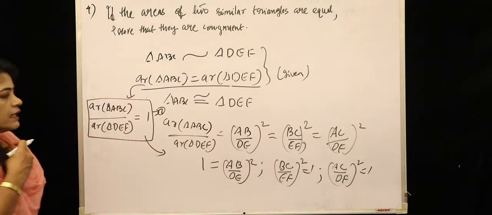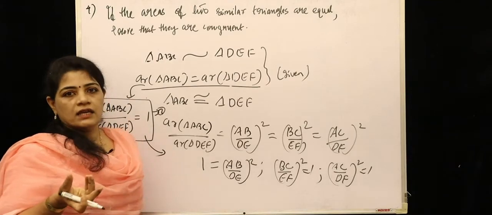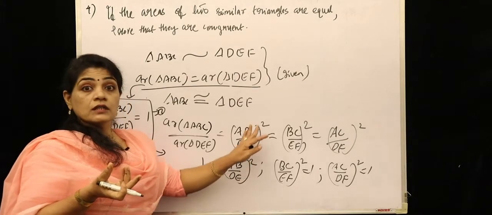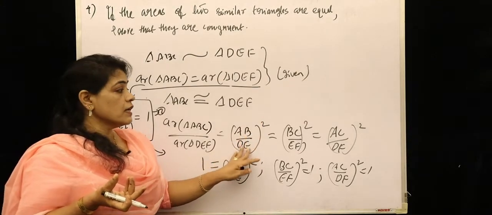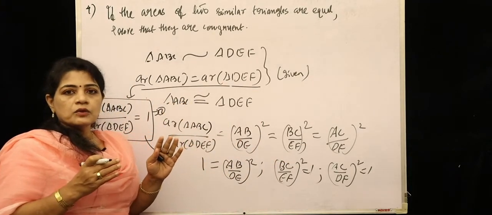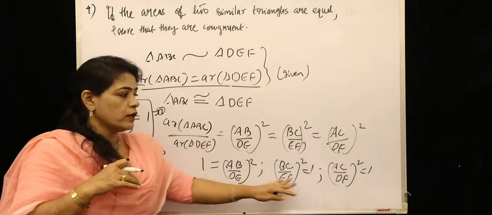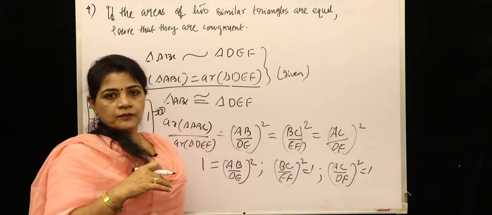It is clear, children, that area of triangle ABC divided by area of triangle DEF equals the square of the ratio between their corresponding sides. So you can take the 1 by 1 ratio and equate it to 1. That is what I have done here.